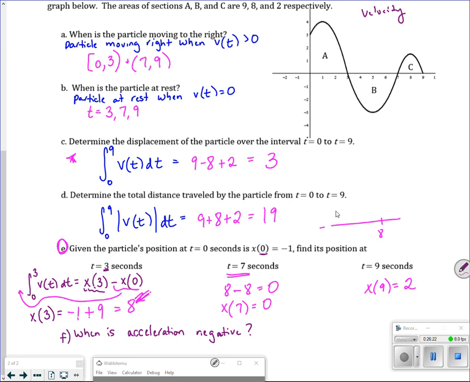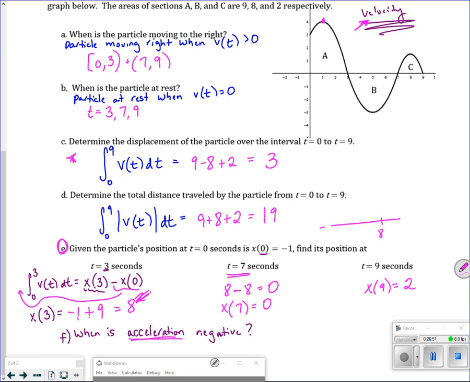Well, if this is velocity, what am I asking? You know that the derivative of velocity is acceleration. So in a sense, I'm asking, when is the derivative of this thing negative? Well, when is f prime negative? That's when f is decreasing.